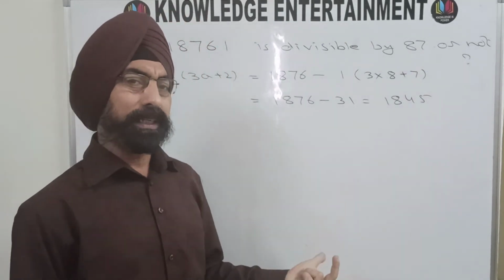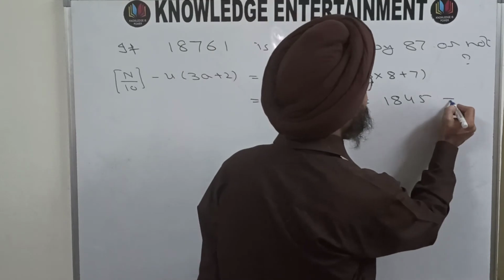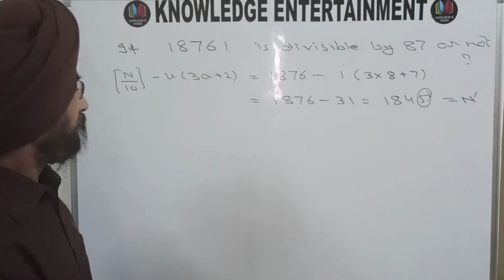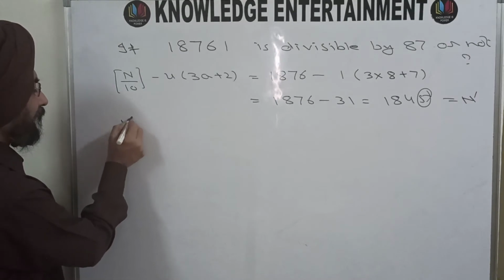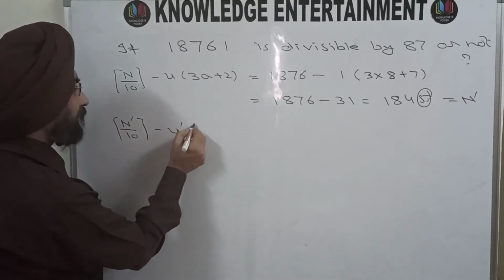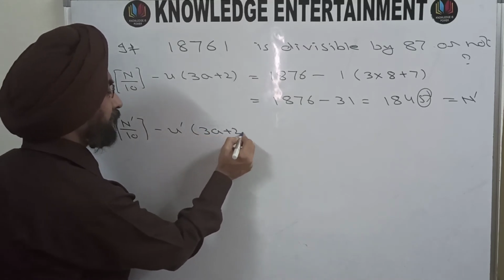So once again we'll repeat the process. This is your n dash now and this 5 is your u dash. So now you have to calculate n dash by 10, greatest integer, minus u dash, and 3a plus 2 will remain the same.